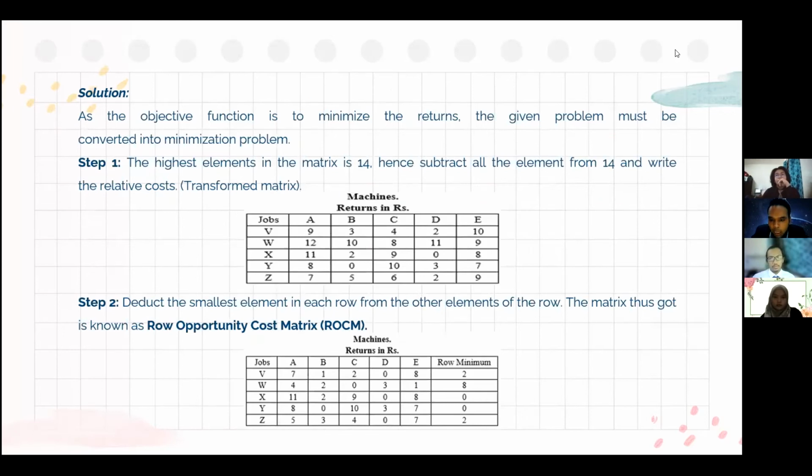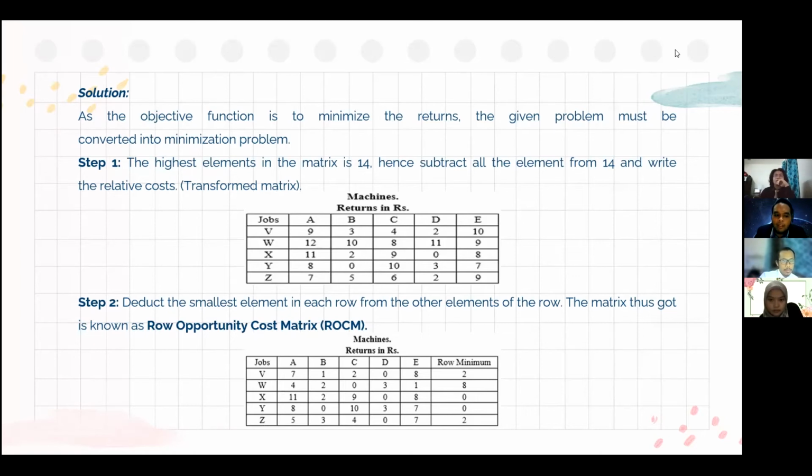So for the solution, firstly, the objective function is to minimize the return, so the given problem must be converted into a minimization problem. For maximization, the same procedure is adopted. The maximization problem is converted into a minimization problem by multiplying the matrix by -1 or by subtracting all the elements of the matrix from the highest element in the matrix.